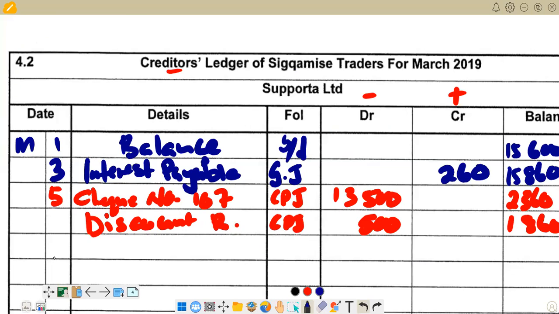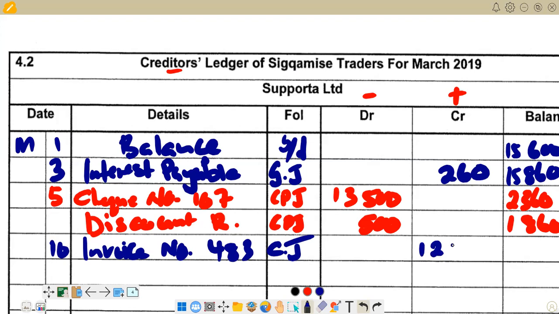We are now on the 10th, and it's invoice number 483, from the creditors journal, 4,580. We are crediting 4,580. We are buying, so we are increasing the amount that we are owing.